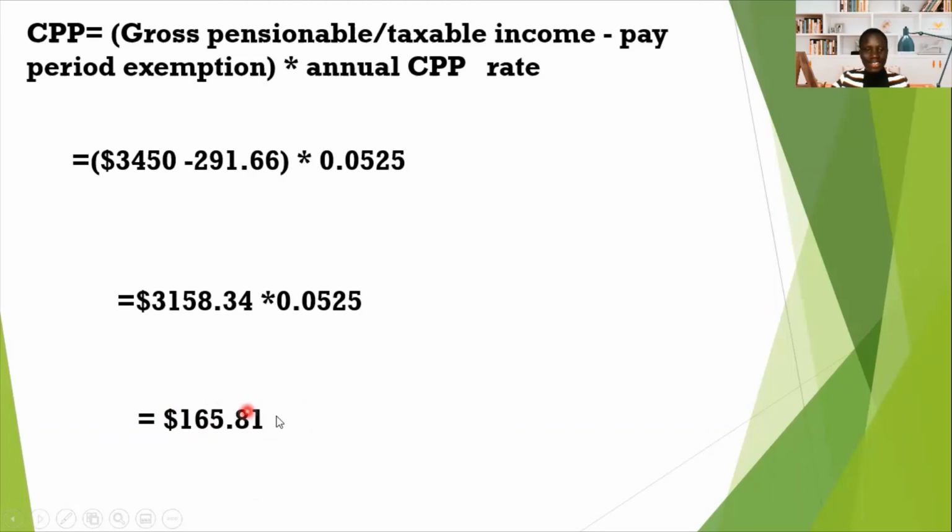You are the one waking up and going to work. But later, when you're retired and you want the money, sometimes they can come up with all the excuses why you cannot qualify for your CPP.